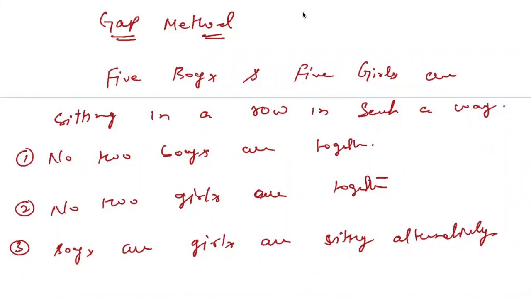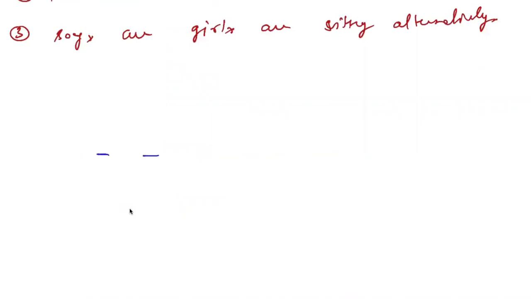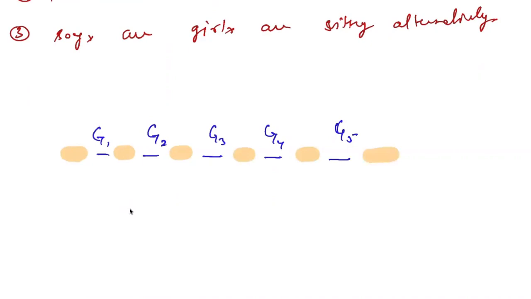Okay, see the gap method. So no two boys are together. The arrangement is 1, 2, 3, 4, 5. This is for girls, five girls are there. Now 1, 2, 3, 4, 5, 6. Six gaps are in between the girls.